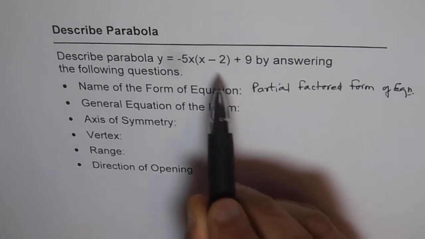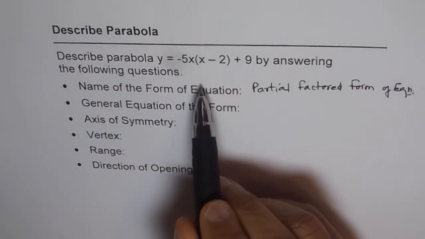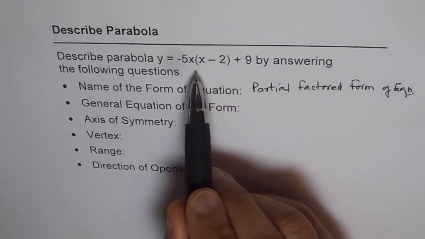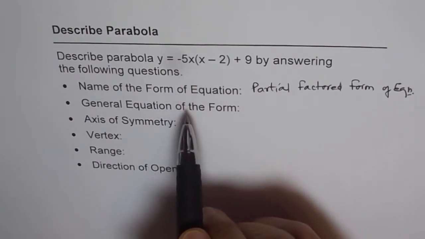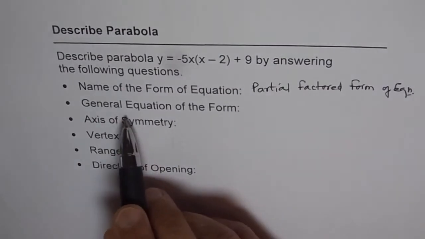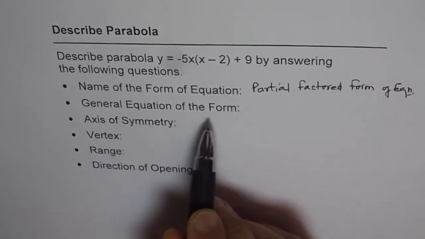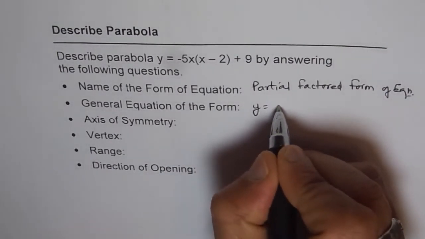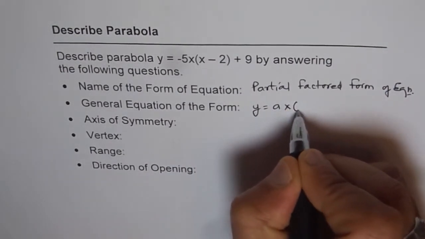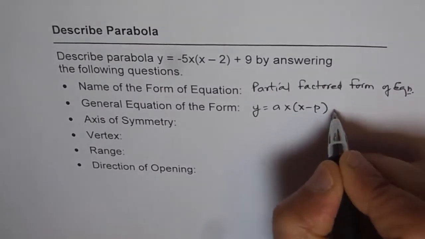Most of the standard equations can be factored like this, and then we can find the axis of symmetry by adding these two zeros and dividing by 2. So the general equation of this form could be written as y = a x(x - p) + q.